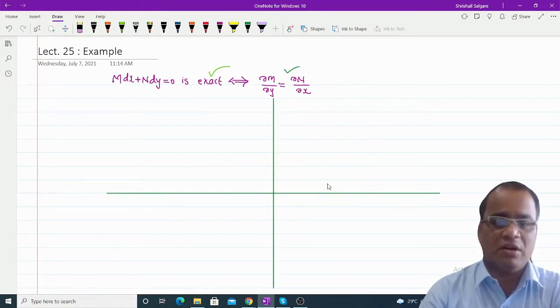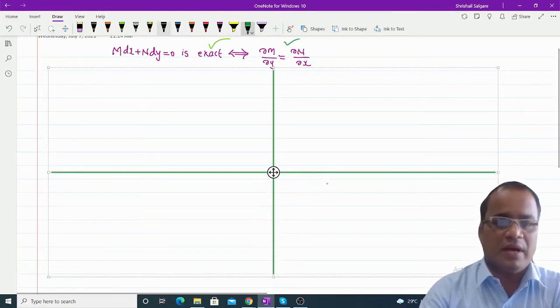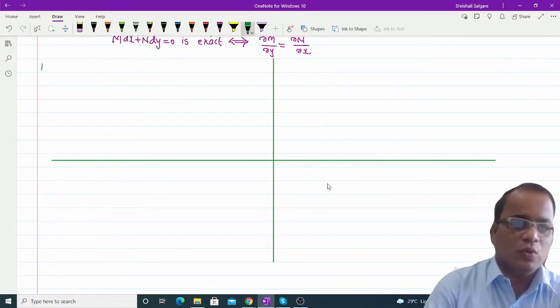Yesterday also I recalled. Suppose I write the four rules. Number one, rule for finding the integrating factor. What is rule 1?